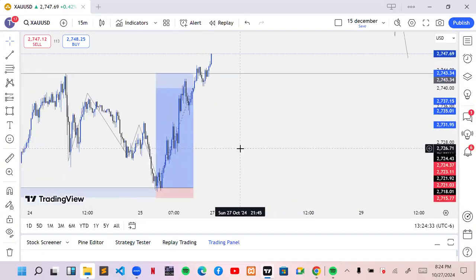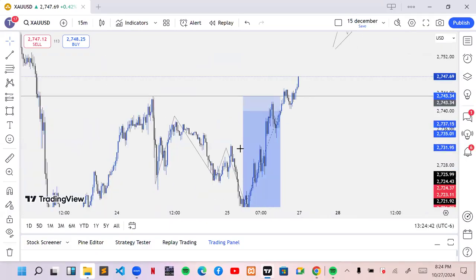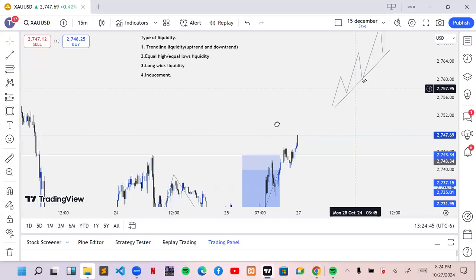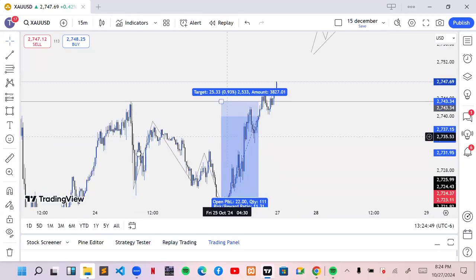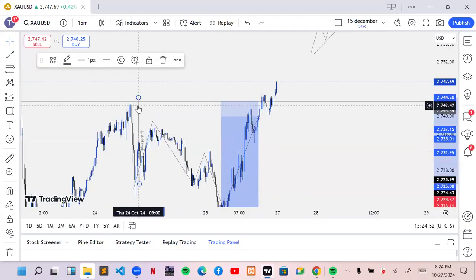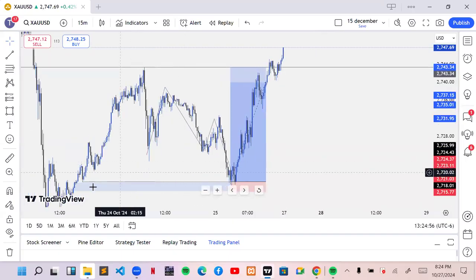Knowing the pattern the market is following at that particular moment, as it approaches your point of interest, will tell you exactly where to take your profit. Like I said, once there is a trend, there's liquidity being accumulated on the opposite side of it. The market was in a downtrend here, making a series of lower highs and lower lows while approaching my point of interest that I kept for a buy.